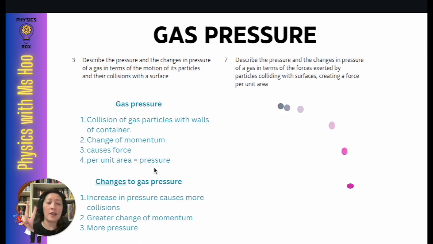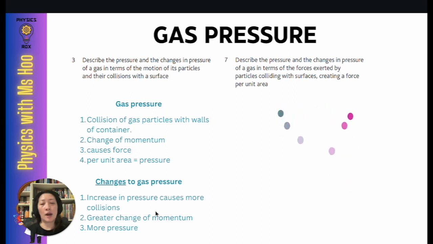Now, the second thing you need to know is to describe how the changes to the gas pressure can cause changes to other properties. For example, a change in the volume or the change in the temperature. So, when you want to talk about the changes to the gas pressure, you do need to talk about how there's more collisions, and more collisions produces greater change of momentum, which leads to more pressure.